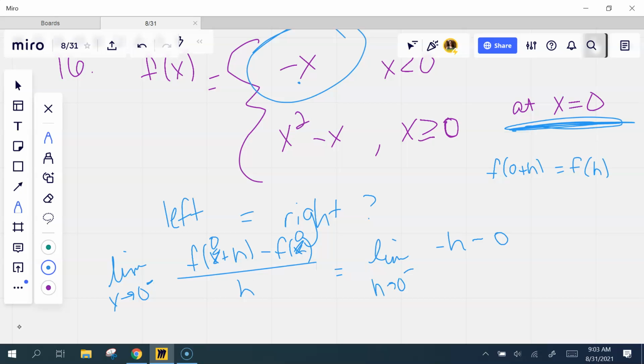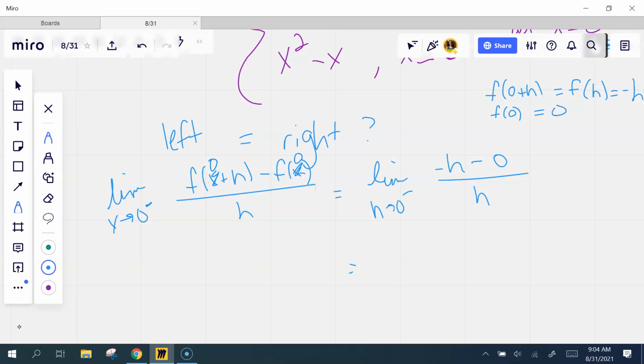If f of x is negative x, then this would just be negative h. f of 0 would just be 0. The x in the original equation was negative. Okay? So the left-hand limit is negative 1. Are we all okay there?